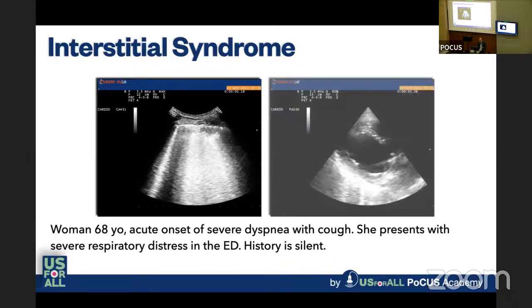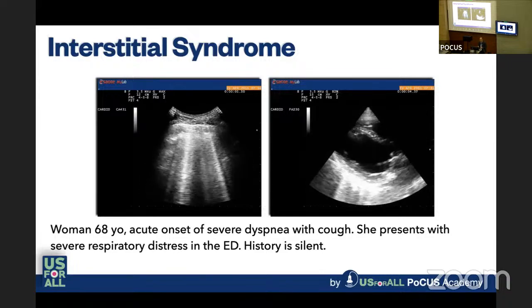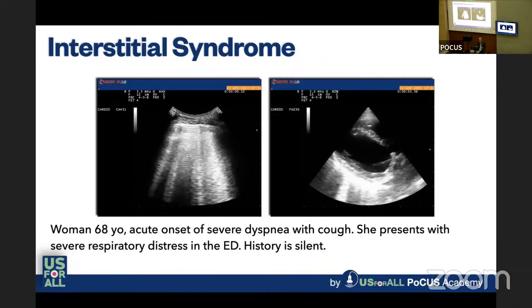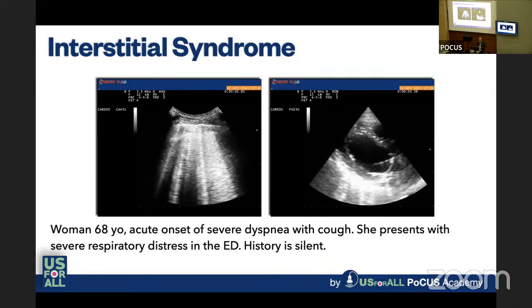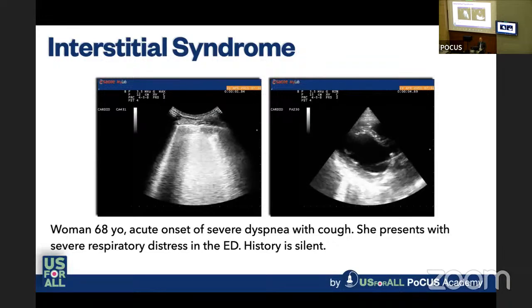So if we combine with the heart examination, in this case, of course, we can more safely conclude that the patient has pulmonary edema, just because we also have the information about the left ventricle function.